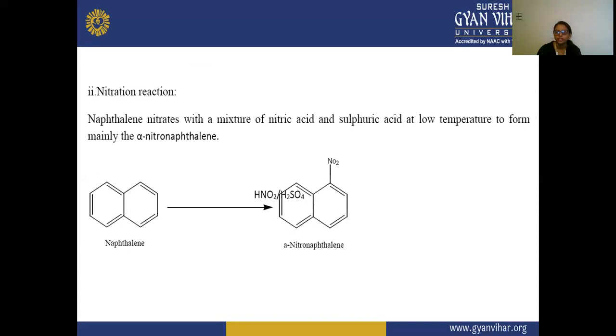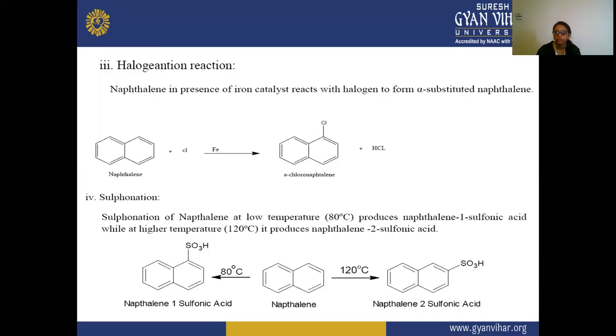Nitration reaction. In the nitration reaction, naphthalene is nitrated with a mixture of nitric acid and H2SO4 at low temperature, and there is a formation of alpha-nitronaphthalene. Halogenation reaction. Naphthalene when reacted with chlorine in the presence of an iron catalyst forms alpha-chloronaphthalene and HCl.